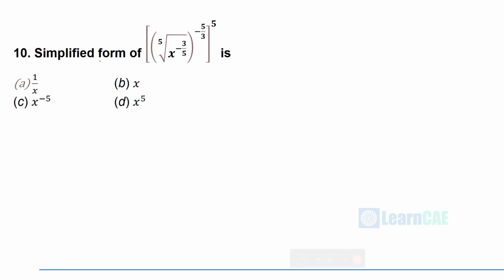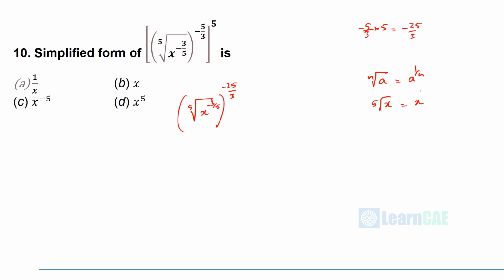Next question. Simplified form of the given expression is... Here we have to solve the outermost bracket at first. That is minus 5 by 3 raised to power 5. This will be equal to minus 25 by 3. Now we shall rewrite the expression: fifth root of x power minus 3 by 5, raised to power minus 25 by 3. We know that nth root of any number a is equal to a power 1 by n. Similarly, fifth root of x is equal to x power 1 by 5.